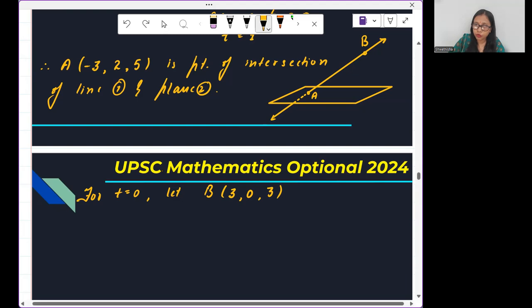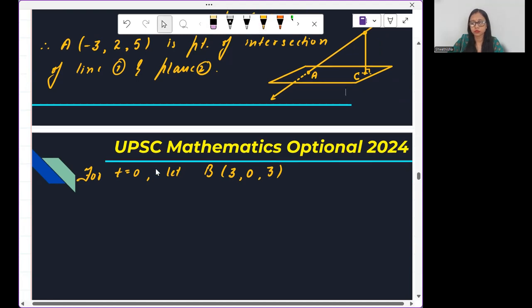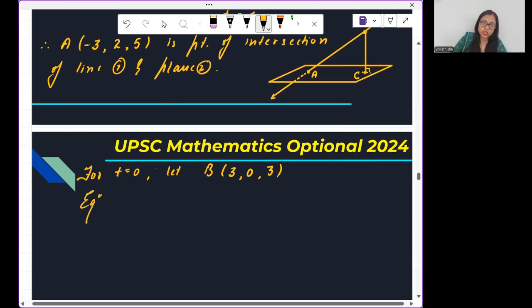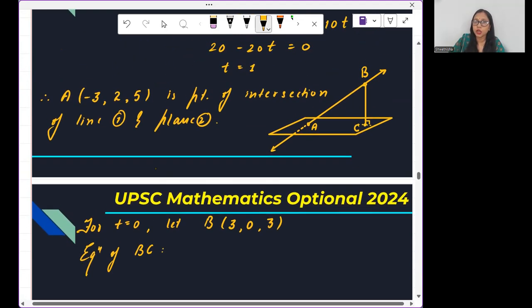Now, next you have to find equation of this perpendicular line. This is perpendicular to your plane. And let this foot of the perpendicular be C point. What is equation of this BC? I know B is 3, 0, 3. And what is the direction ratio?